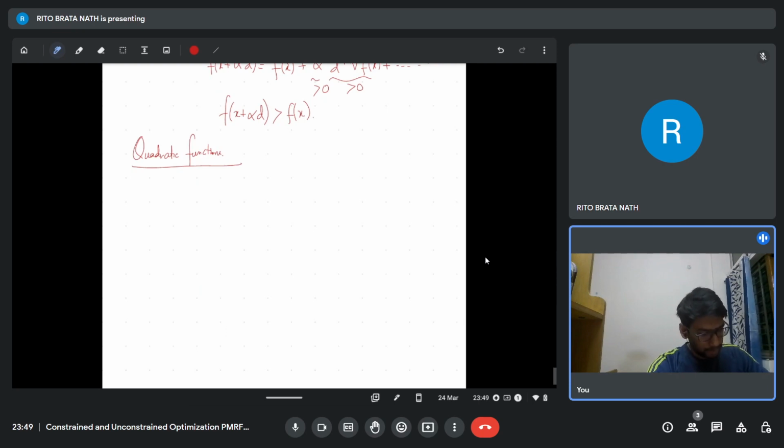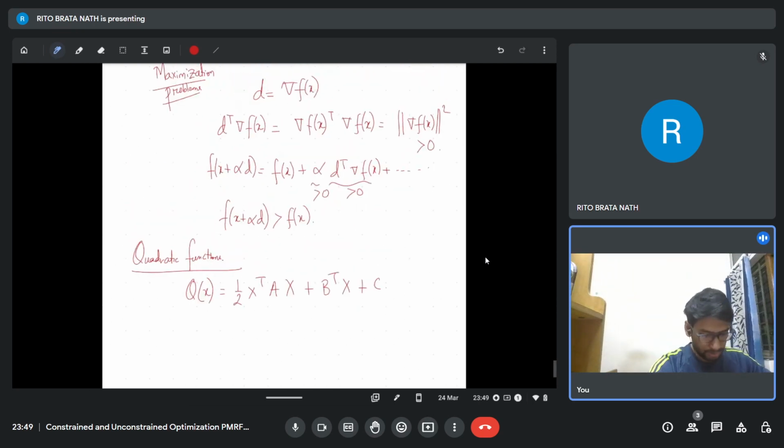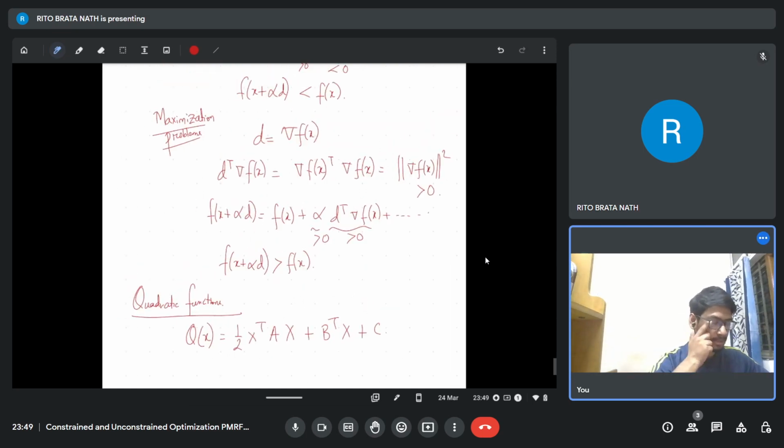The typical expression is that q(x) equals half of x transpose Ax plus b transpose x plus c. As you already know, for any function, you can find the steepest descent direction for a minimization problem, or a steepest ascent direction.